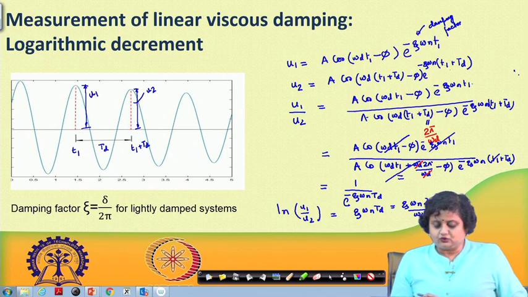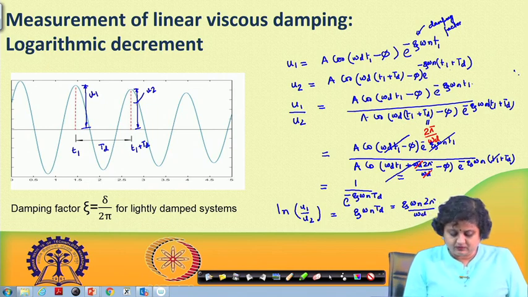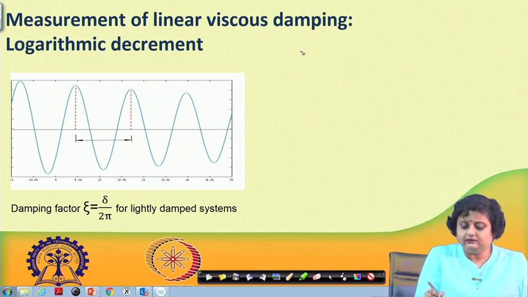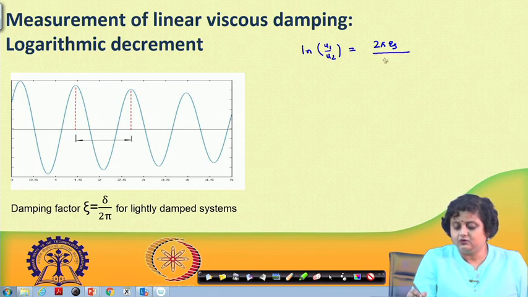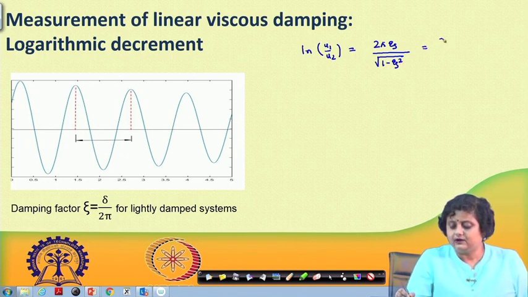Okay. So, let me say that again, that ln u1 by u2 is now just going to be 2 pi zeta into omega n by omega d.